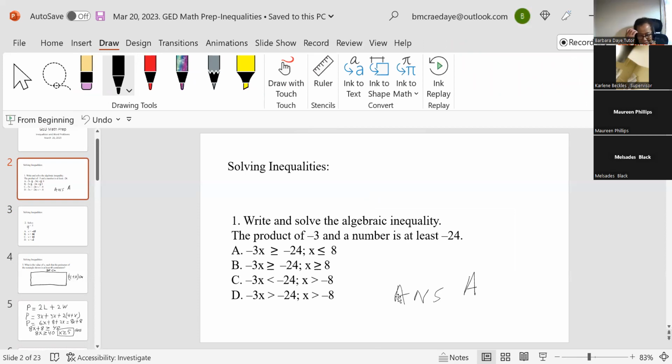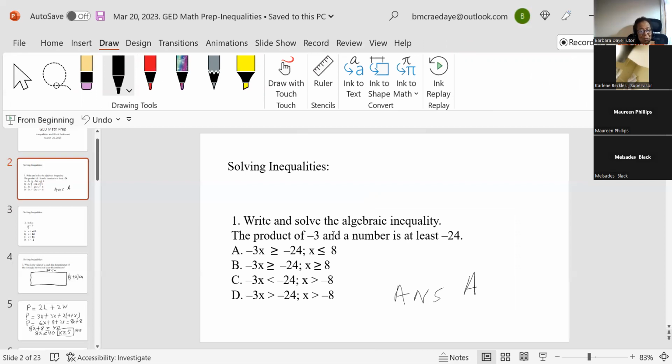First, you look at the words and convert them to math. The product of -3 and a number, that's -3x, right? At least is greater than or equal.